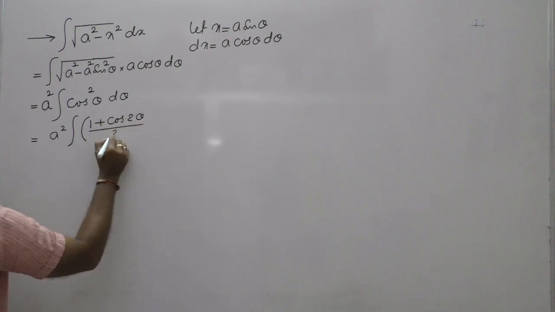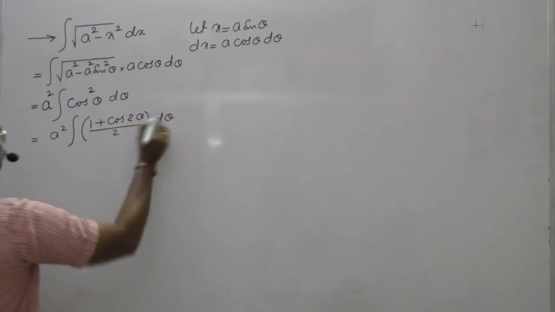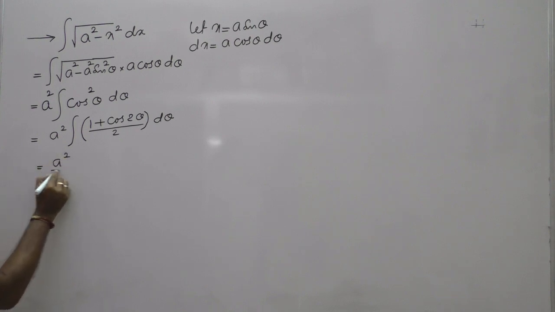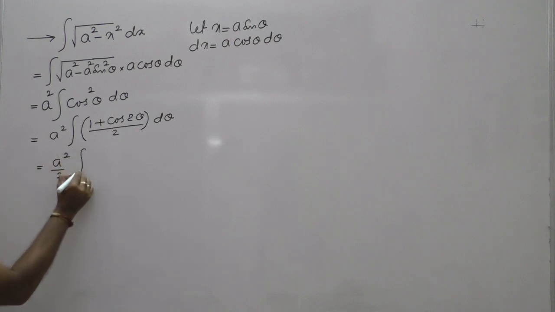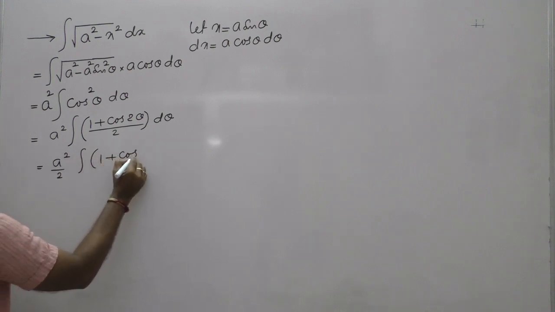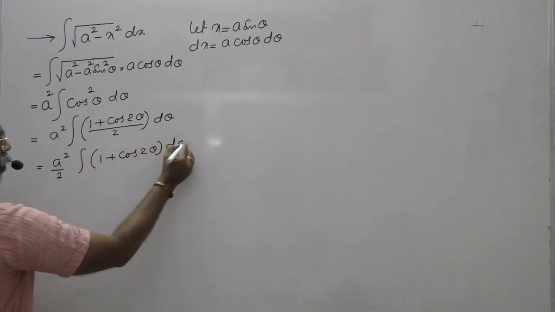What I did is apply a formula of multiple and submultiple angles. I have removed the power. This 2 is a constant. It can be written outside. Now what is there? Integral of 1 plus cos 2 theta into d theta.